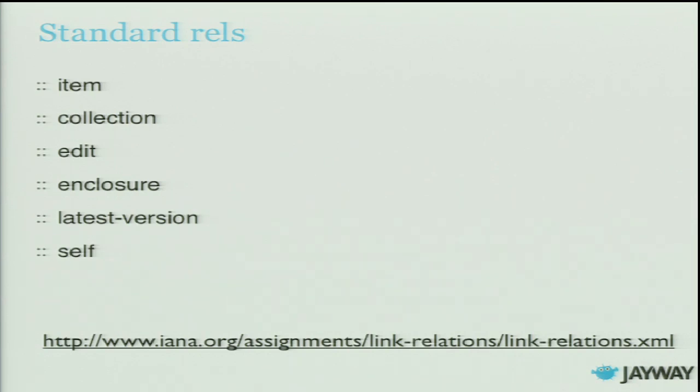They include things like items. You can have items in a collection, and you can point things to a collection. Let's say we have the book example again: you might have a specific book, and that is part of a collection of books, and the collection of books points to the books.